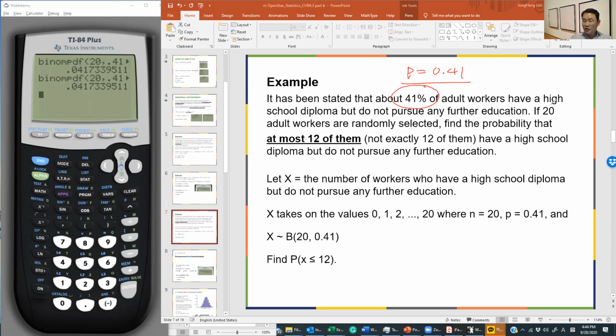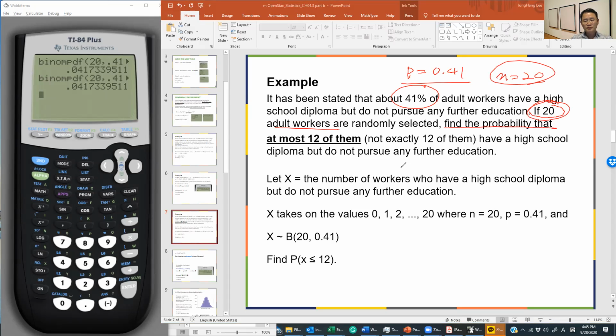And out of 20 adult workers, so N is the same, N is 20 as well. Randomly selected. Find the probability, not exactly 12, but at most 12. At most 12.